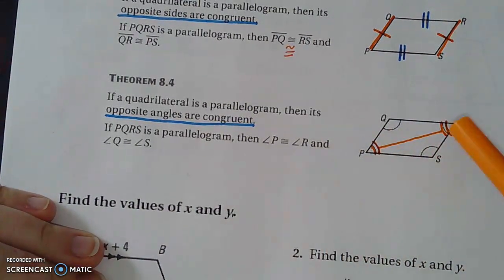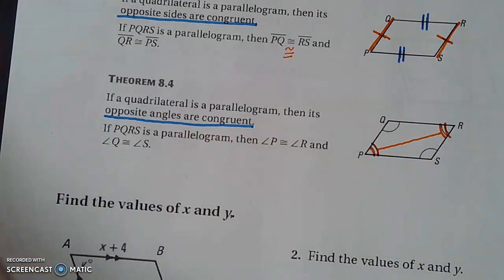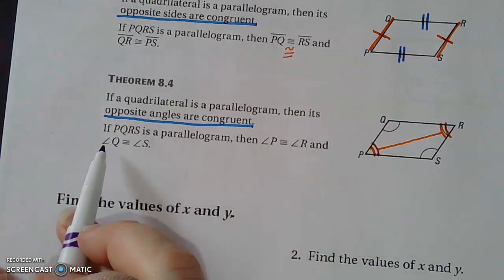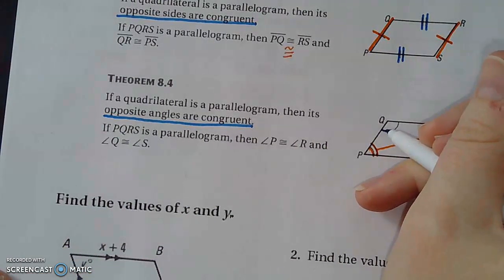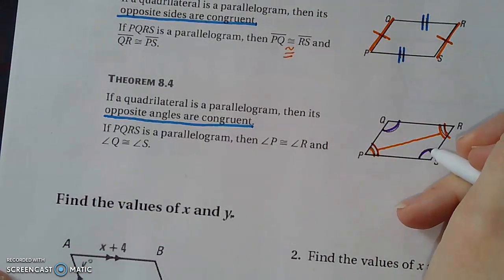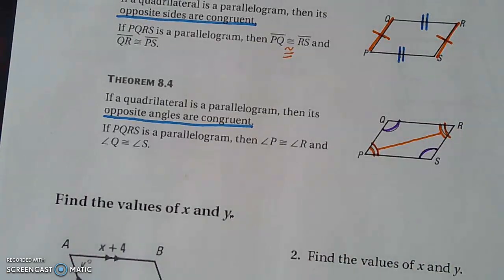And I'm seeing there are two loops on each angle, and that's telling me that they are equal. If I check out the other angles, angle Q and angle S, I see angle Q has one loop and angle S has one loop, meaning they are going to be the same.